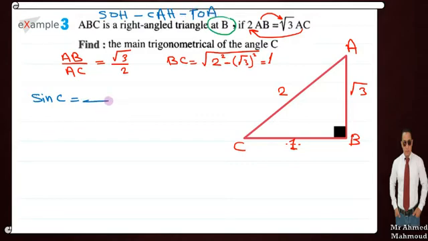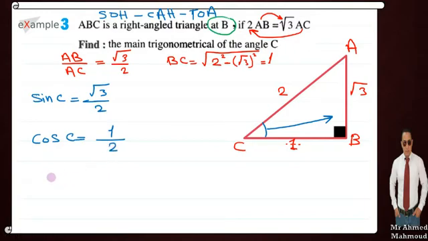Sine C is opposite over hypotenuse, which is root 3 over 2, and this is the simplest form. Cosine C equals adjacent over hypotenuse, which is 1 over 2.